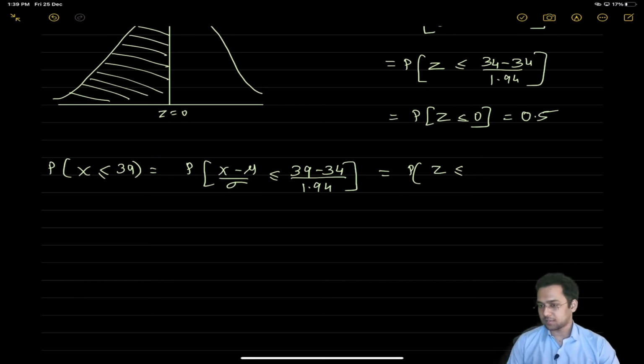How much is that? Just put it on our WhatsApp chat. How much is this number, 39 minus 34 divided by 1.94? I need this number for the probability calculation.